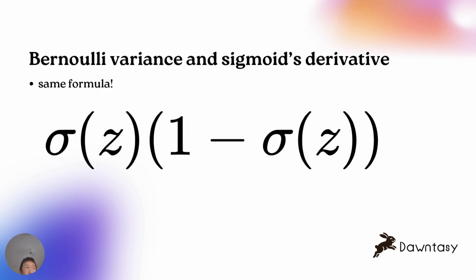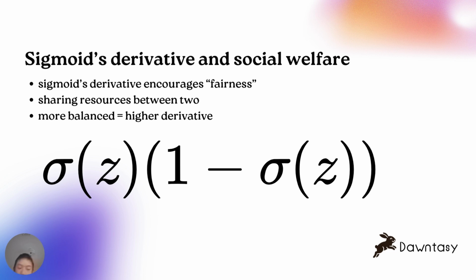So now that we've got this simple, elegant formula, how do we connect this to the Bernoulli variance? Well, it turns out they are the same formula, which means we can find a relationship between them. There's also social welfare to consider, and this one's a bit more researchy, but we can think about it in that way because this connects to the product models in social sciences and decision theory, which is like multi-attribute multiplicative utility.